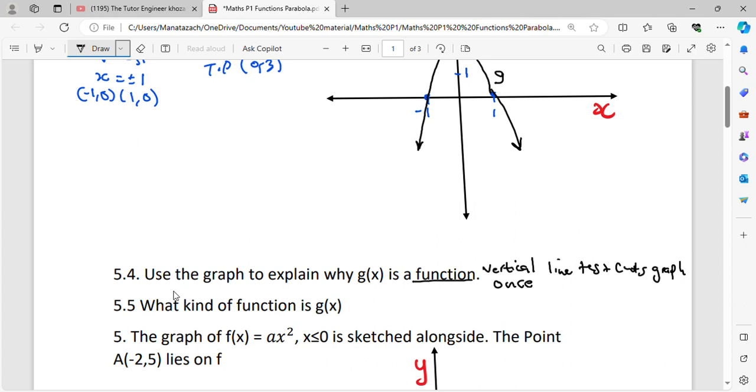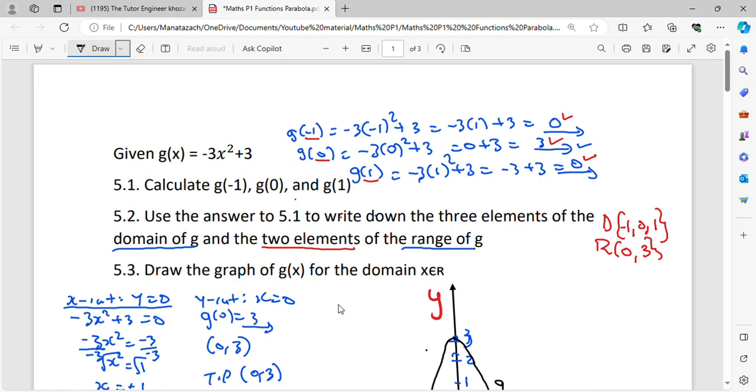What kind of a function is g of x? Okay, to answer that question, we first need to go to the very first question. We saw that when we replaced x by -1, we found the value of y to be 0, and also when you replace x by 1, we also found a 0.